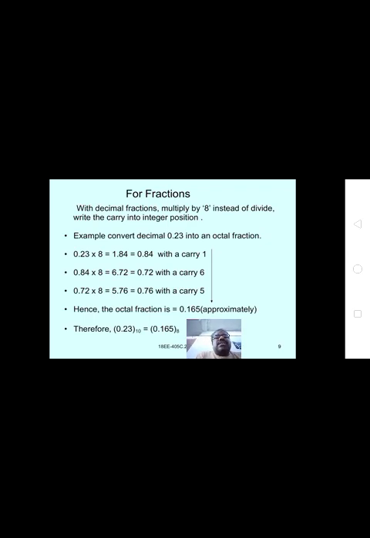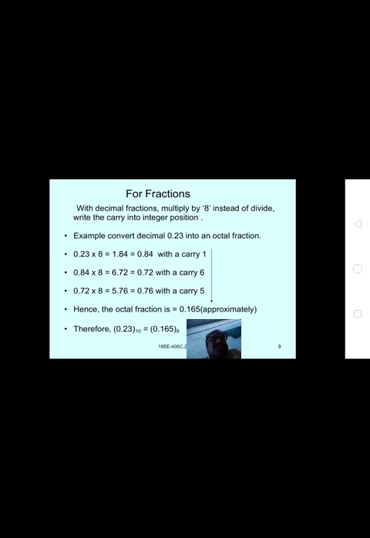Example, convert decimal 0.23 into an octal fraction. 0.23 times 8 equals 1.84, equals 0.84 with a carry 1. 0.84 times 8 equals 6.72, equals 0.72 with a carry 6.